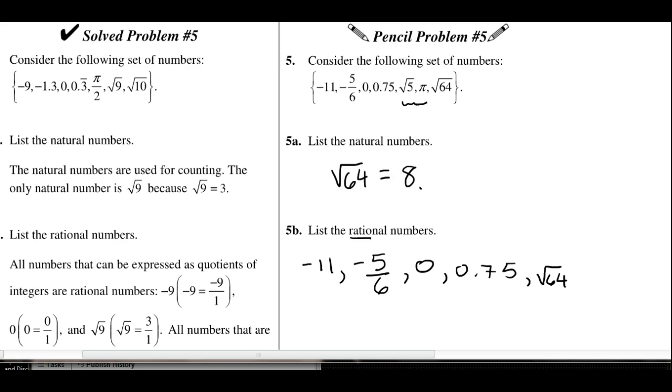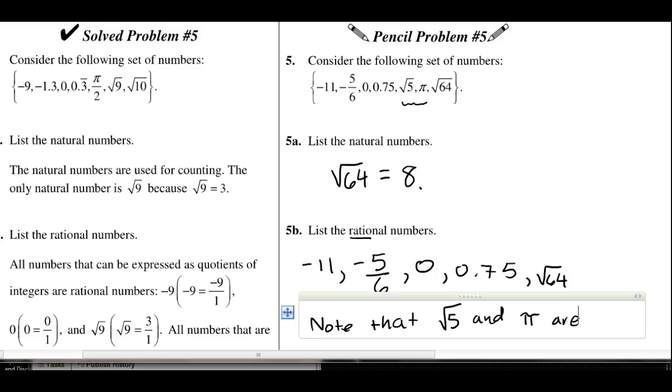Usually if you have a square root, it's not going to be rational unless it ends up terminating or being a nice number. And fancy numbers that have these Greek letters to symbolize them are almost never rational. So note that. Square root of 5 and pi are, what do we say?